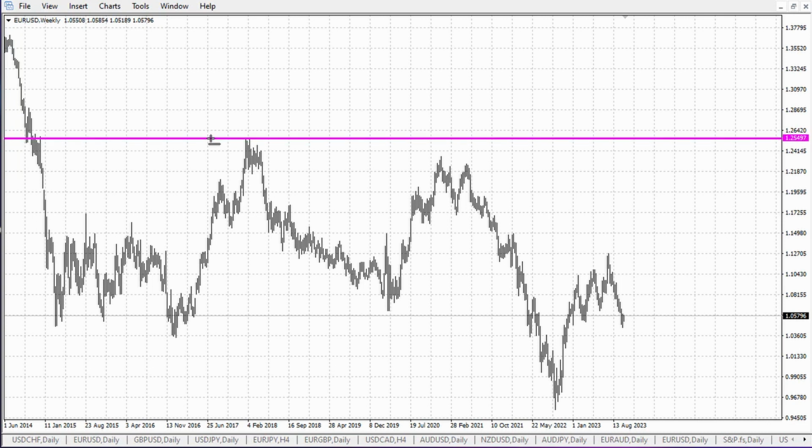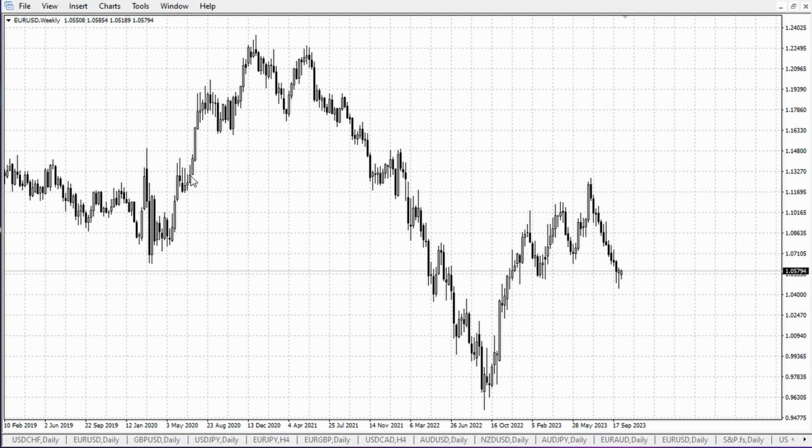Maybe it is a technical level, maybe because of fundamentals, and it stops and then consolidates. This, my friends, is the basic block of price action. The fact that the price moves, it trends in a certain direction, it stops for some reason and then consolidates, as you can see here.